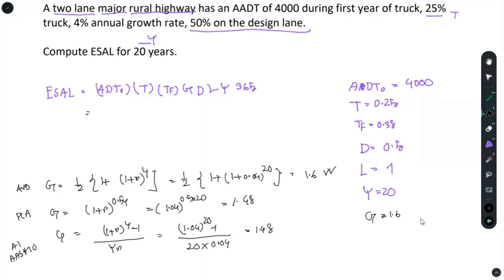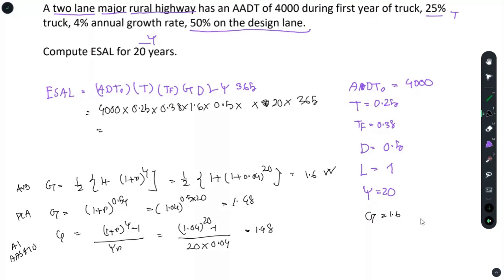So let's write down the formula. ADT is 4,000, and you have a truck percentage of 25%. You have a truck factor of 0.38. You have a G value of 1.6. You have a directional distribution of 0.5. You have a lane factor of 1, and you'll multiply it with the design life, which is 20, and you'll multiply it with 365.